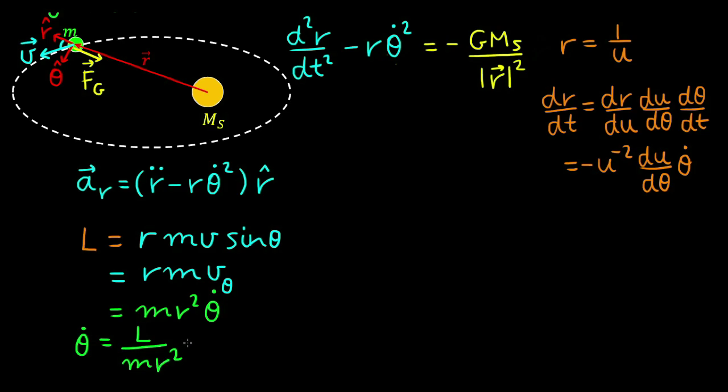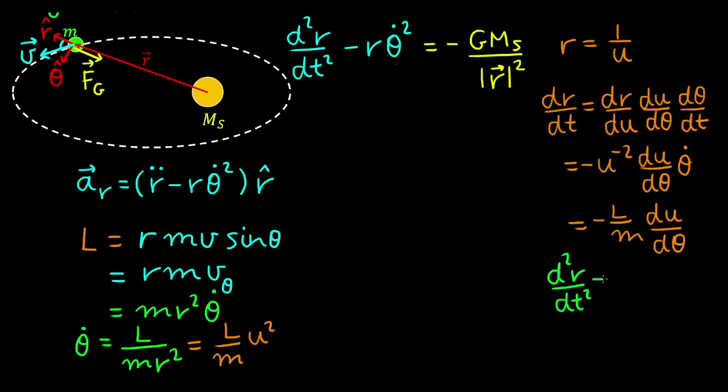and substituting for r in the angular velocity, we have L on m times u squared. So substituting for the angular velocity, u to the minus 2 times u squared cancels, and we get minus L on m times du/d theta. And if we differentiate again, we get the second derivative of r with respect to time.